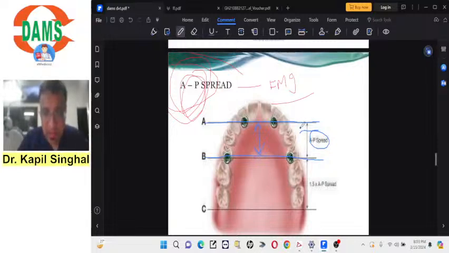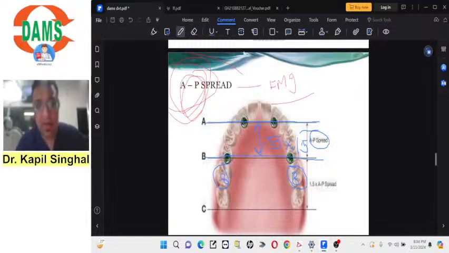अब इस AP spread का principle क्या है? Whatever is your AP spread, suppose ये 5 millimeter आ रहा है, इसका 1.5 times मैं यहां पे दोनों side cantilever दे सकता हूं. Suppose it is 5, so I can give a cantilever crown of 8 millimeters here and 8 millimeters here. So वो आपसे क्या पूछेगा?